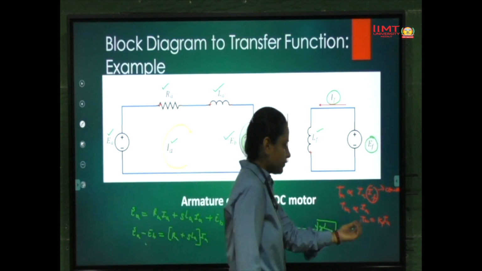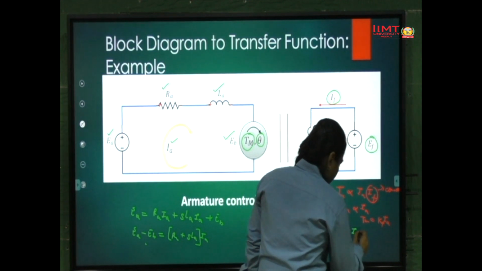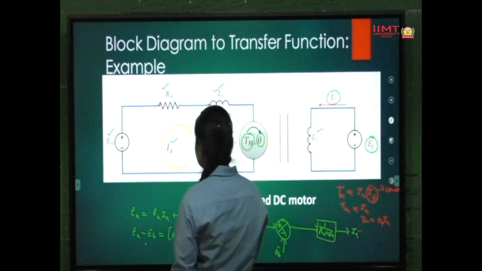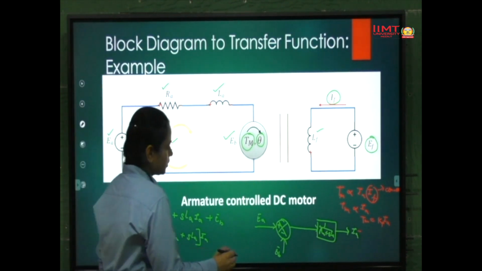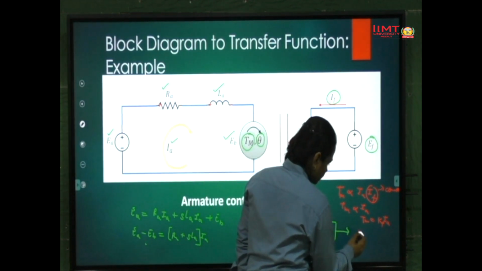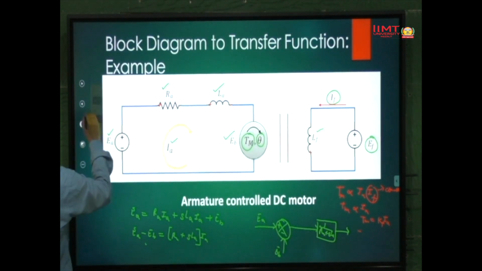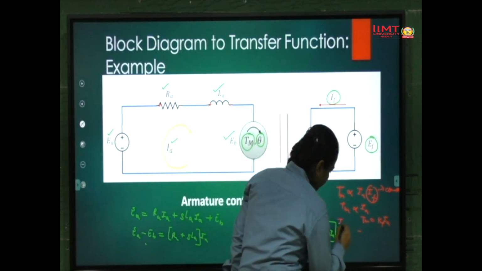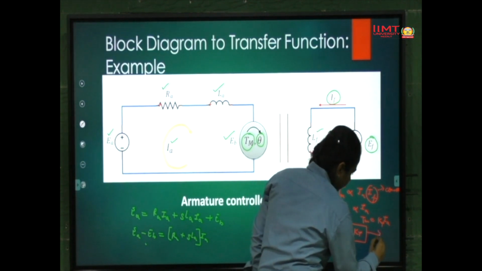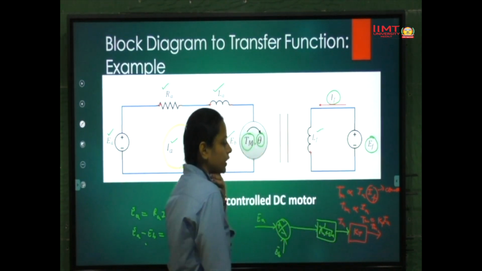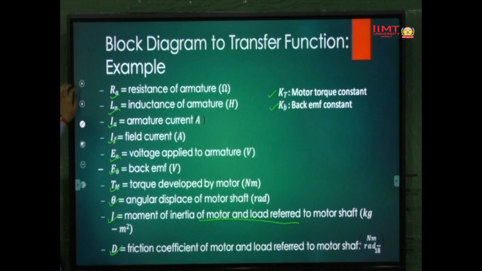In terms of a block diagram, this is IA, and through the block KT we get the output TM.